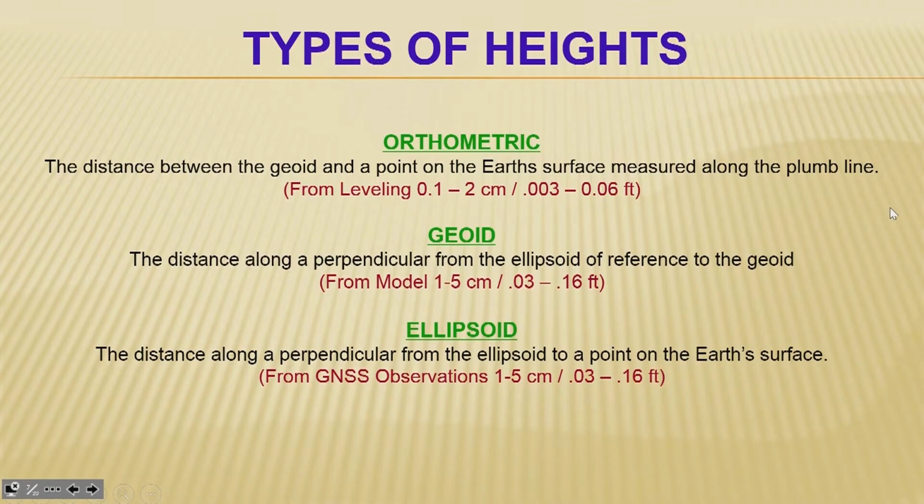So let's take a look first at orthometric heights, what many people commonly but erroneously refer to as mean sea level. These are heights relative to the national vertical datum, which in this case is the North American Vertical Datum of 1988. And it's simply as it says. It's the distance from the geoid, the surface for which the system is defined, along the plumb line.